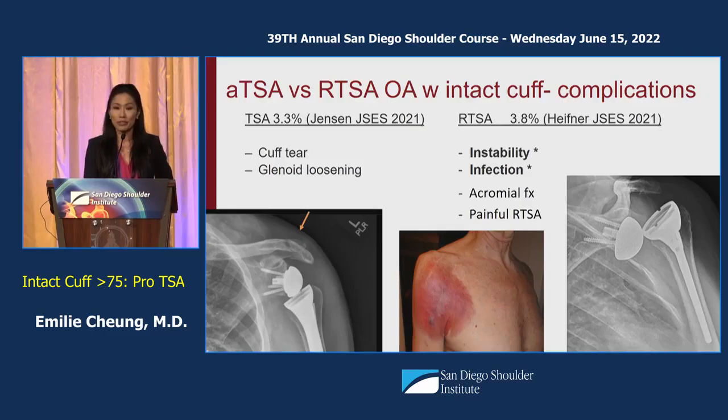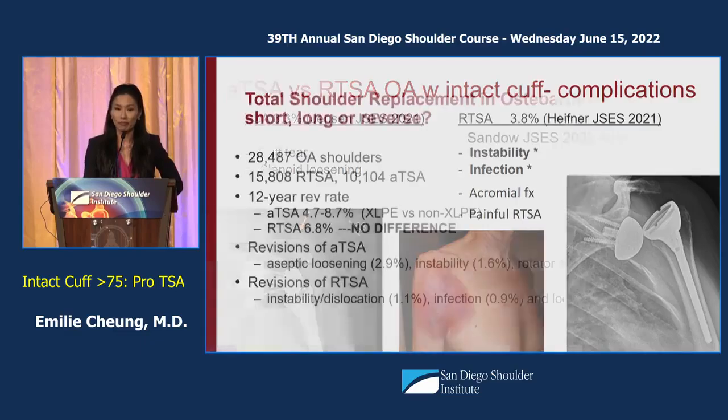However, with reverses, the complication profile is instability, infection, acromial stress fractures, or the painful reverse, the mystery painful shoulder that radiographically looks okay. We're looking at a pretty high complication rate, and the majority of those will actually need a reoperation.